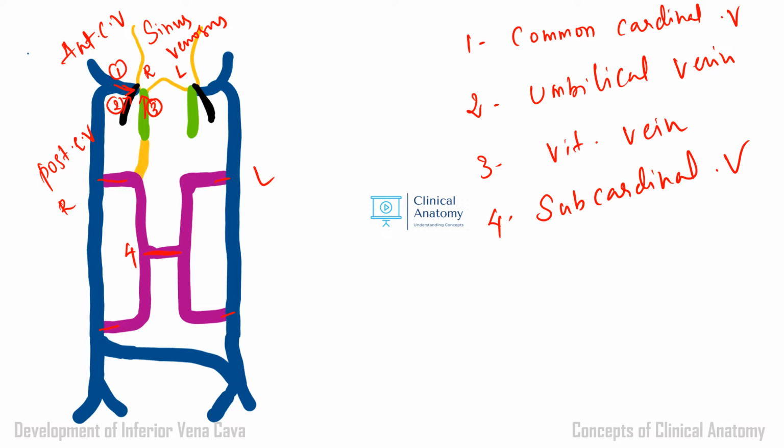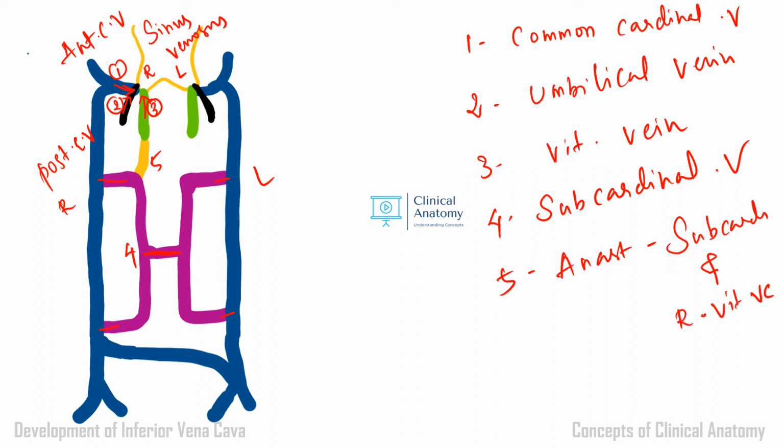Then there will be an anastomotic channel which will develop in between the subcardinal and the vitelline vein. This is the right vitelline vein. So this fifth one is the anastomotic channel between the subcardinal and right vitelline vein.